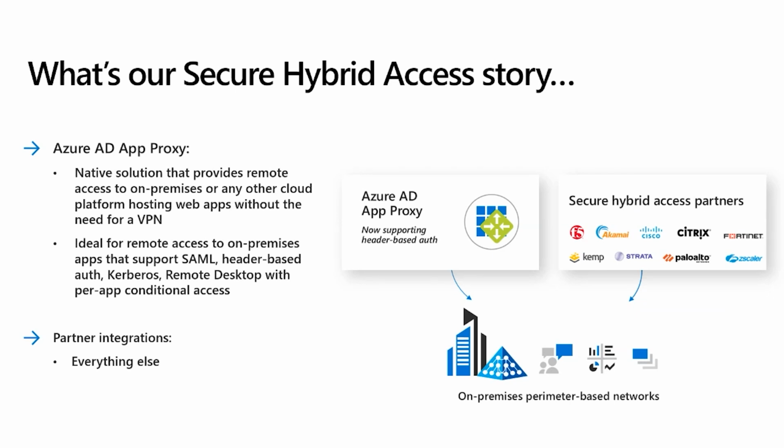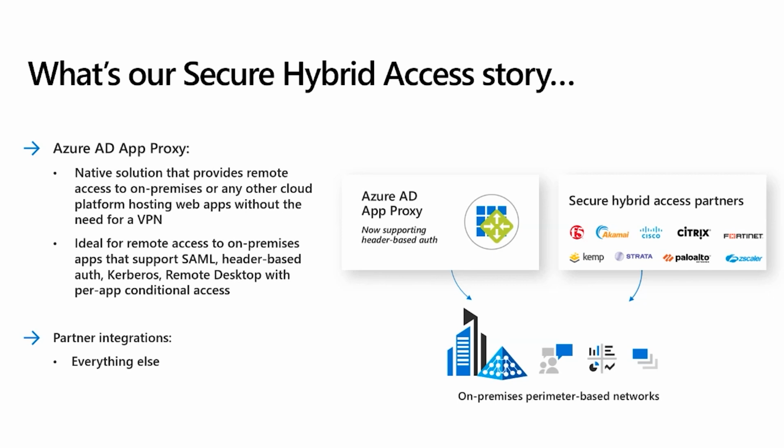So you can make that conversion there, and you can connect that app that you currently have connected with SiteMinder to a system that is way more cost efficient and also that is highly available, scalable, but also adds that protection there. And there are some other things that we can do with App Proxy, on-premises SAML apps or Kerberos or remote desktop. And we can even do that with per-app conditional access.